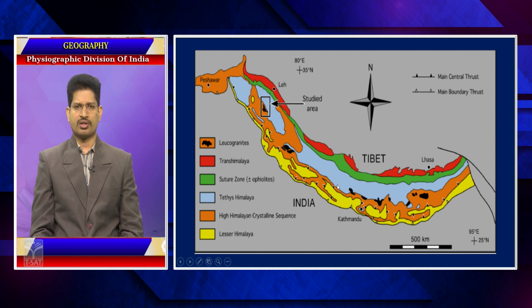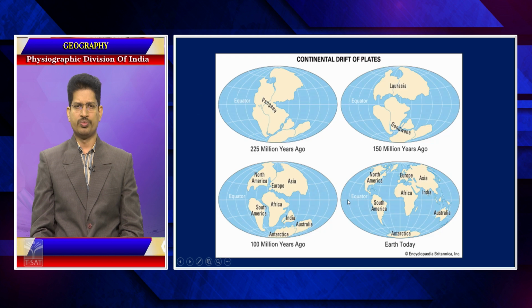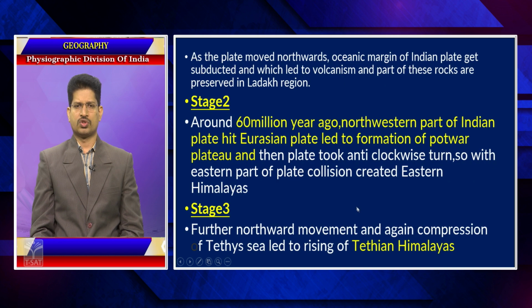The base of the Tethys Sea was uplifted to form the Tethyan Himalayas, because in the process of movement of the Indian plate to the north, the oceanic crust was also folded to form the Himalayas known as the Tethyan Himalayas. That is the third stage.